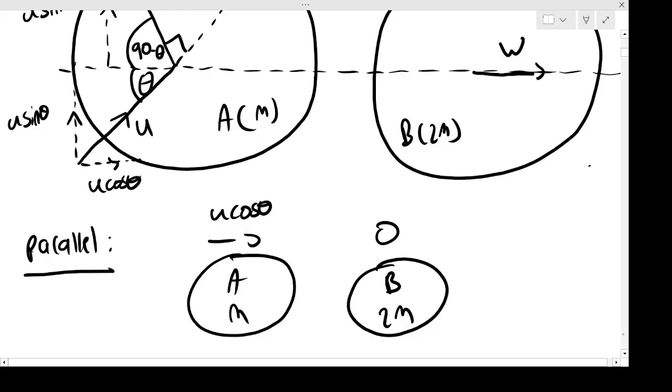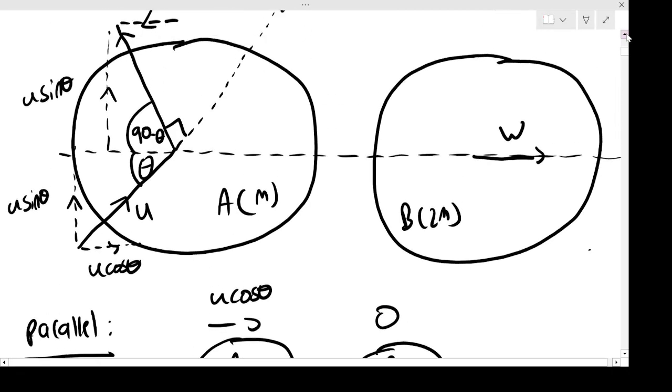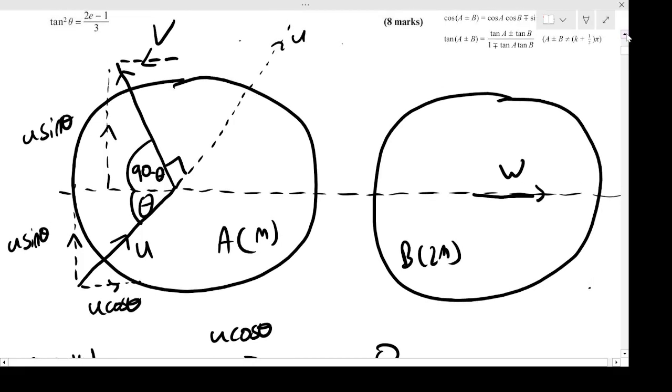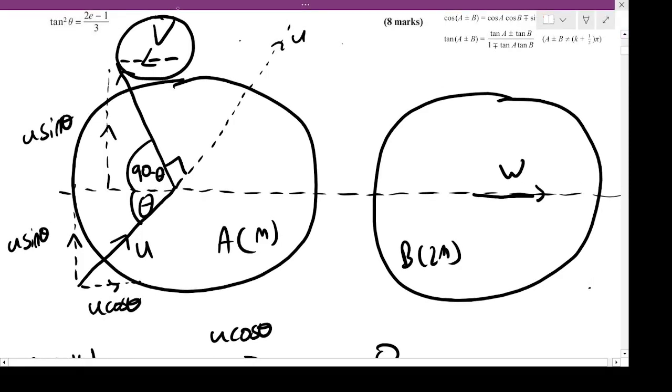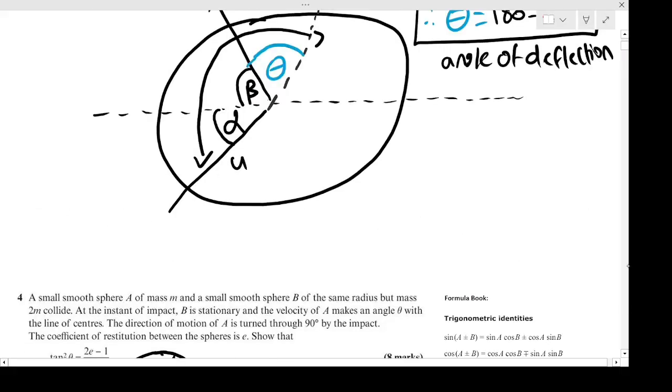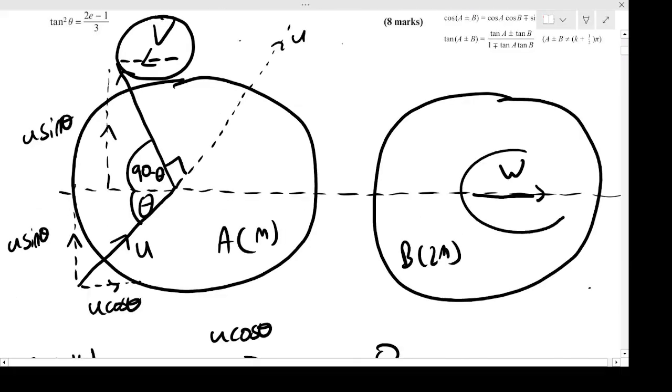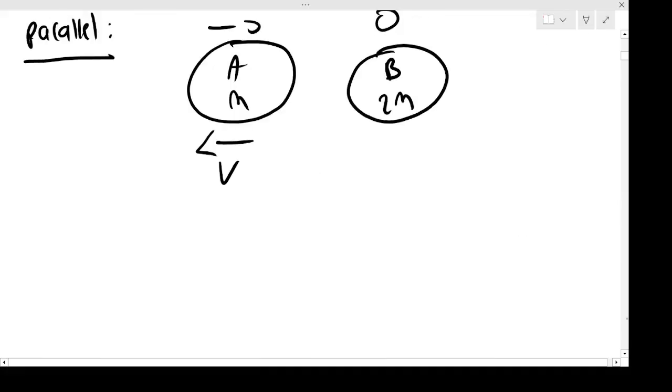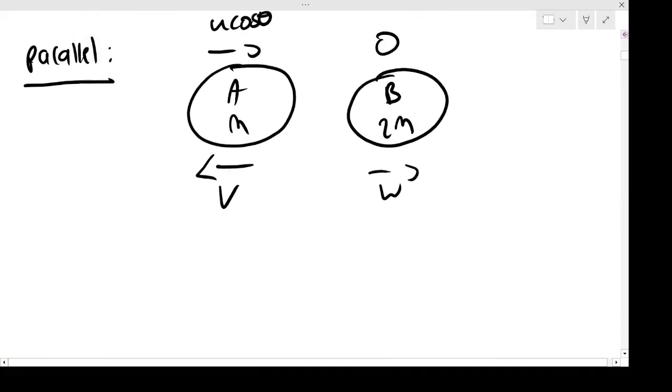Afterwards, as we discussed, A is going to the left with speed V, and B is going forwards with speed W. So now we've got this 1D collision problem, so we can find V and W.